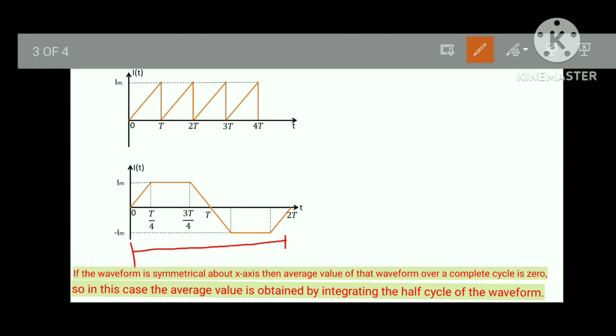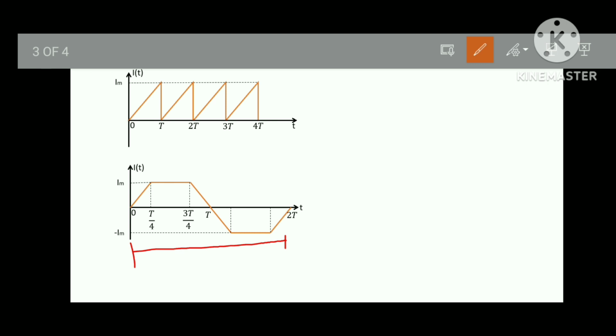In this case, you have to find the average value by finding the area of half cycle. So here you have to find the average value for only half cycle. Let's find the area of this. You can section it as one triangle, another triangle, and a rectangle. You have to find the area of all these and add them.